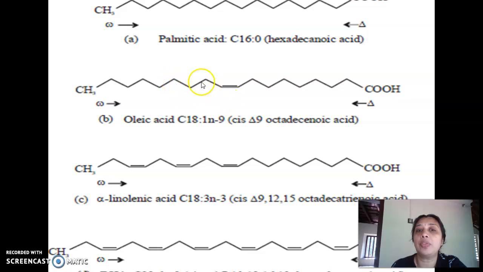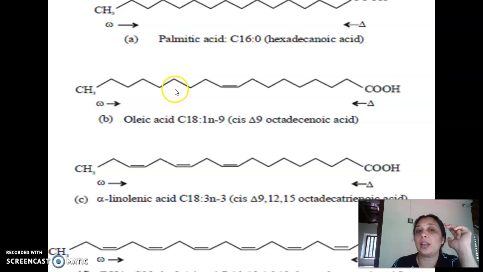So now we have two double bonds, one at the 6th position and the other at the 9th position with respect to the omega or methyl group. So we call it an omega 6, 9 dienoic fatty acid. Oleic acid can undergo desaturation at the omega-6 position, converting it into linoleic acid, a dienoic fatty acid having two double bonds in its structure.